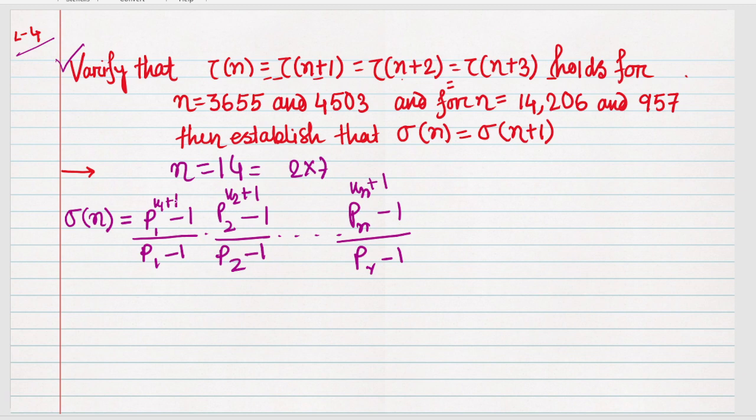So here n is 14. We have the prime factorization of 14 as 2 cross 7.